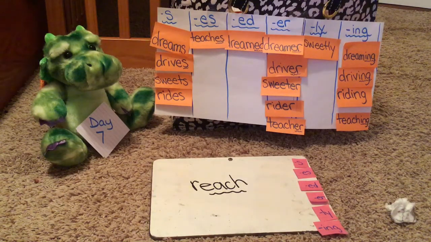I want you to make the word reach into reached, past tense. Like earlier today, I reached into the cupboard to grab a snack. Okay, then I want you to make the word reach into reaching. That's an action, something someone's doing now. They're reaching.